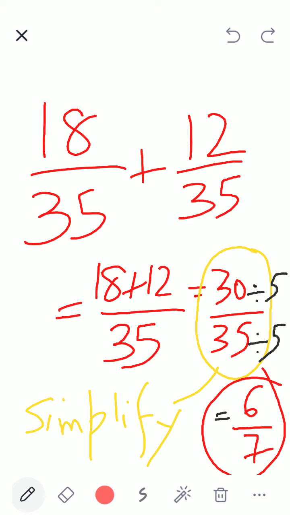Can you simplify 18 by 35? Please simplify. Tell me, 3 by 8 and 5 by 8, how can you simplify?